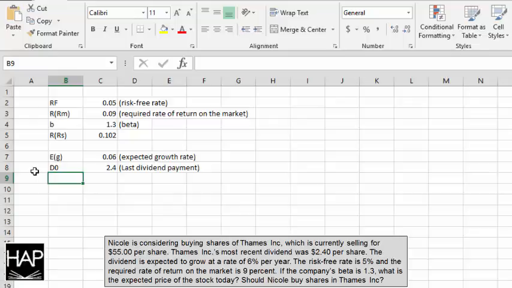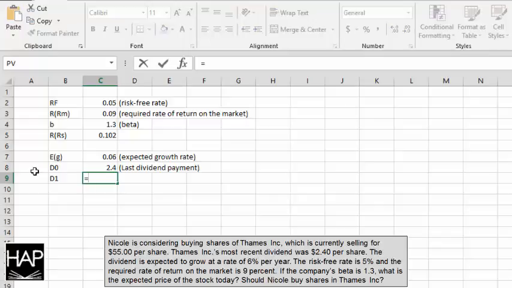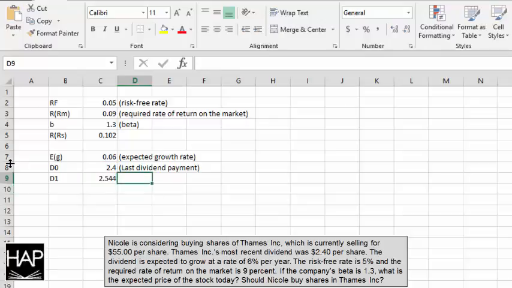So now that I have the expected growth rate and the dividend that was last paid, I can calculate the next dividend that will be paid by using 1 plus the expected growth rate multiplied by the last dividend payment. So that tells me that the next dividend paid will be $2.54 per share.